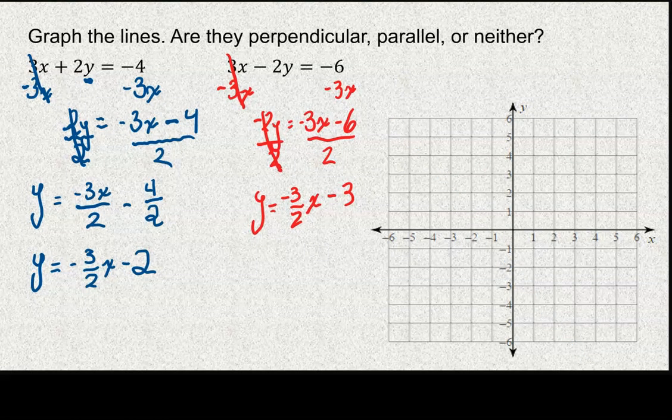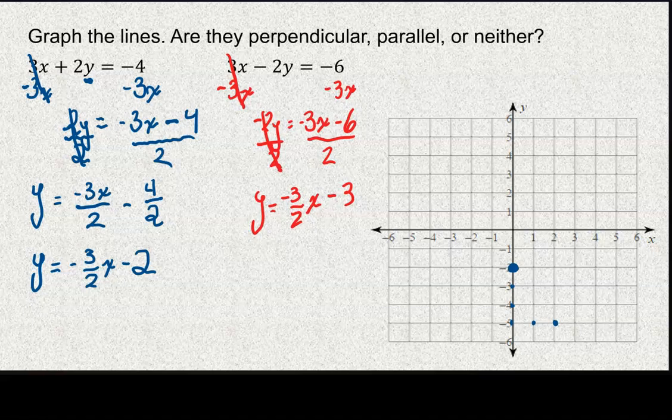Graph the two functions. So I'm going to start at negative 2. I want to take a second and show you what I mean about the different ways to count a slope. So I could count down 3, 1, 2, 3, which is negative, then right 2, which is positive.